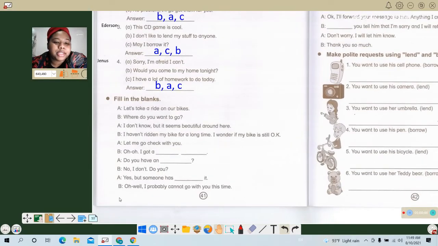Next, let's complete page 41, part B. Fill in the blanks. Let's read the conversation. Who wants to read color red? Who wants to read A? Raise your hand. I want all of you to read.